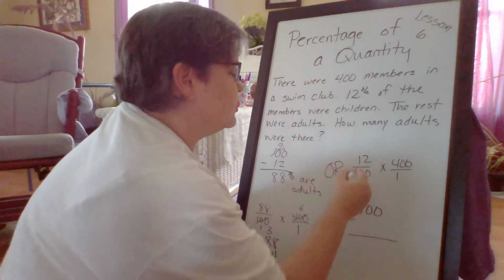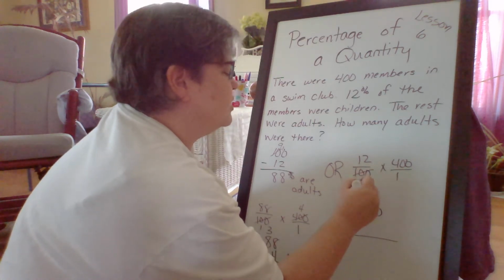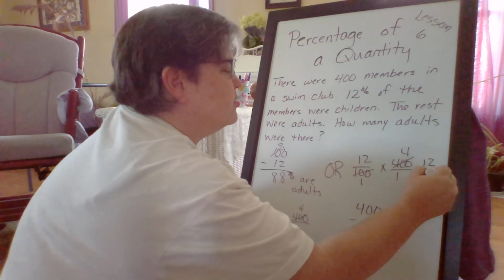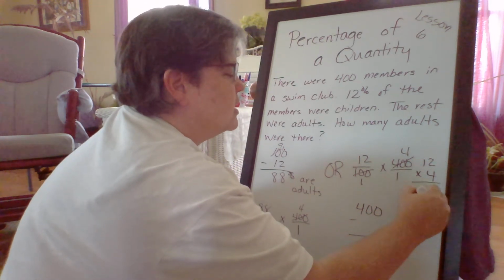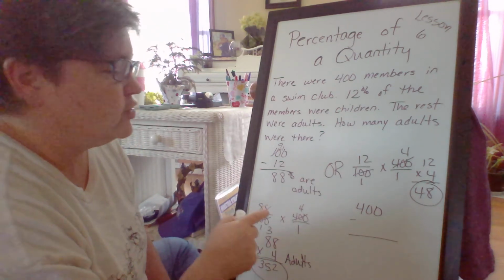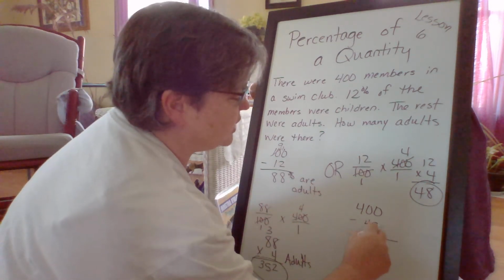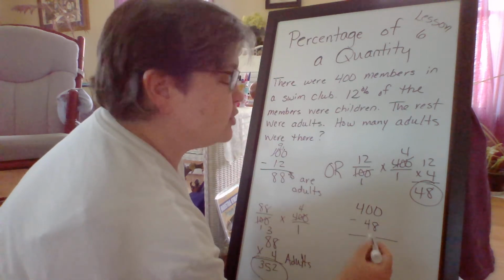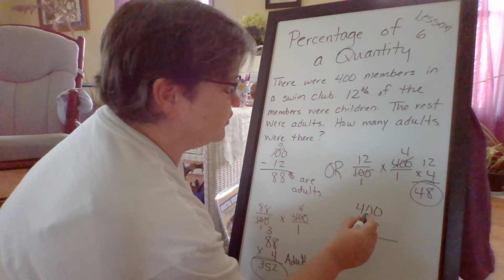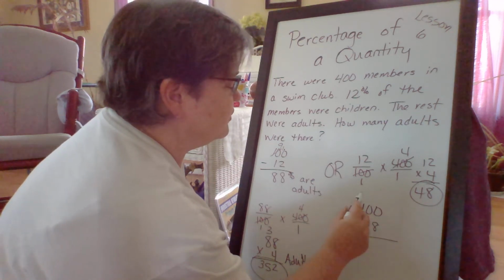Now let's see if we find the same answer over here. So I'm going to find 12% of 400. This is going to be how many children there are. 12 times 4 is 48. So if there are 48 children of the 400, if I subtract the 48 children, I ought to be able to get my adults. I can't take 8 from 0, and I can't borrow from a 0, so I come over here and borrow from the 4.